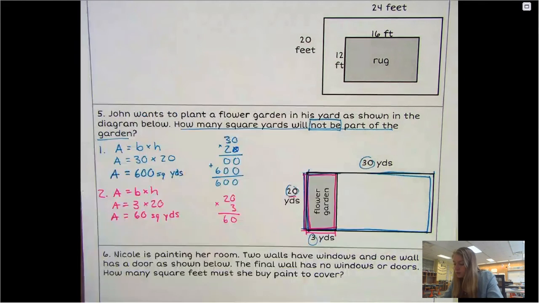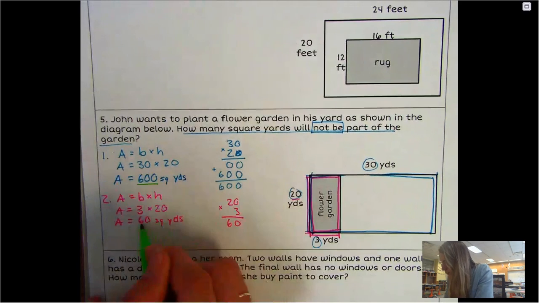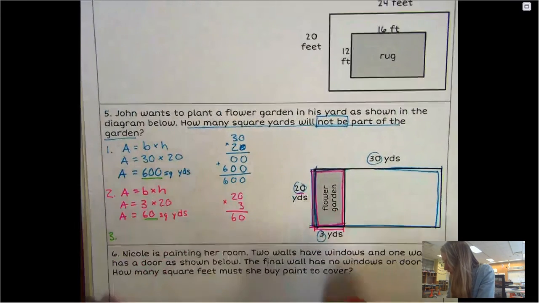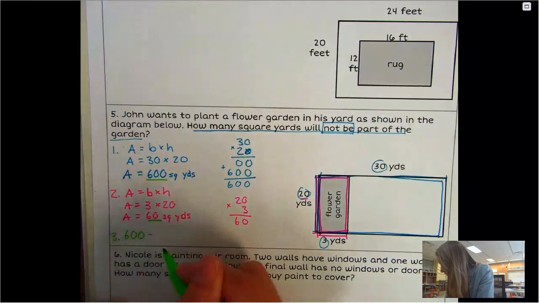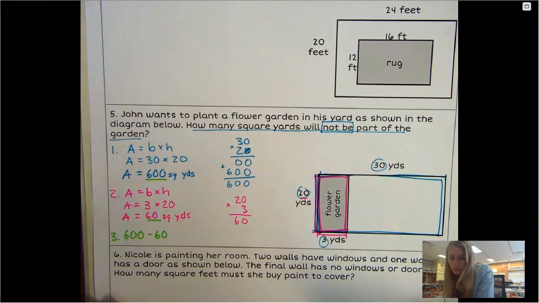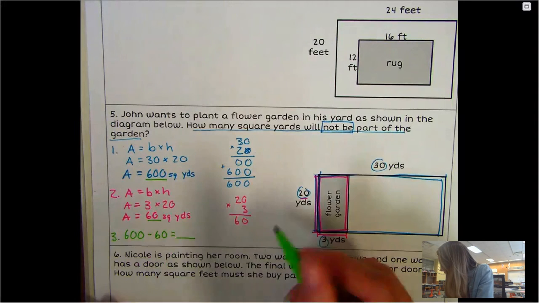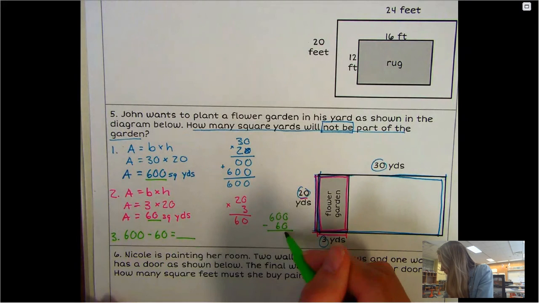All right, now the final step to find your answer is to subtract the smaller piece from the larger piece. So step 3 is subtract. I'm going to take 600 minus 60. That'll give me my final answer here. So I'm going to go over here. 600 minus 60. 0 minus 0.